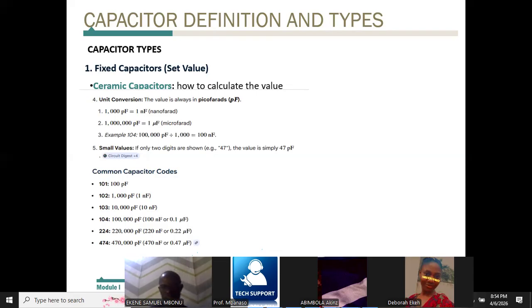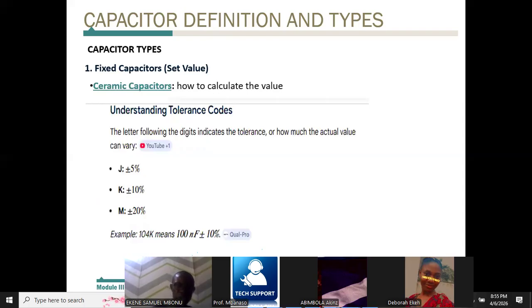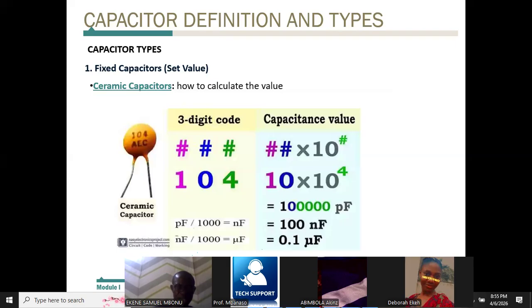You have to mention the number. And then when you do your calculation, you notice that 104 is 0.1 microfarad, while 103 is 10 nanofarad, while 474 is 0.47 microfarad.